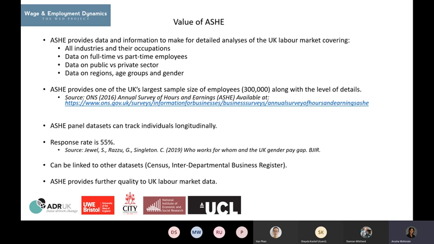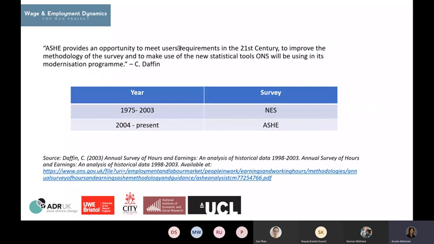So in September, my colleague from UE, Van Fan, and John Forth from City will be discussing a bit further how the ASHE can be linked to the census and what we'll be doing with our project. And Damian will continue further after I'm finished to show how the ASHE can be linked to the IDBR. So we know that the ASHE provides further quality for the UK labour markets data that's available to us.